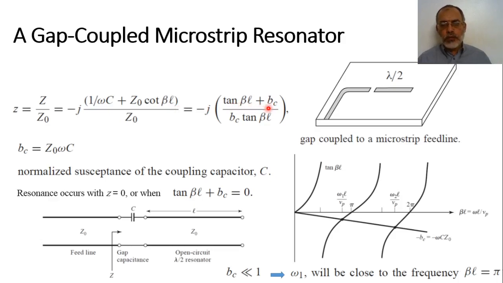So, assuming that, for example, the value of the capacitance is very small, we are looking for nearly tan beta L equals 0, not cotan beta L equals 0. We are now actually looking for the condition for the resonance that tan beta L plus BC equals 0.